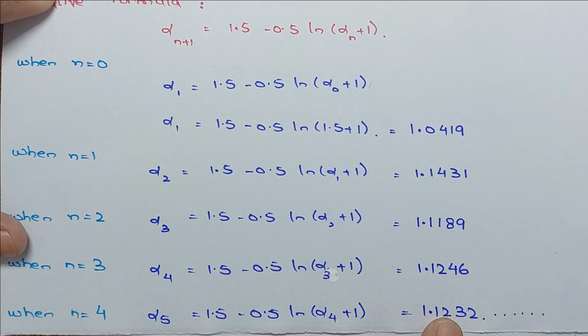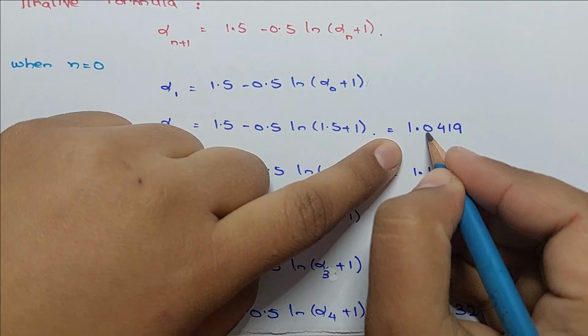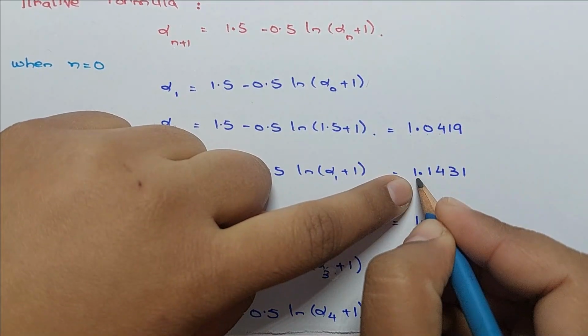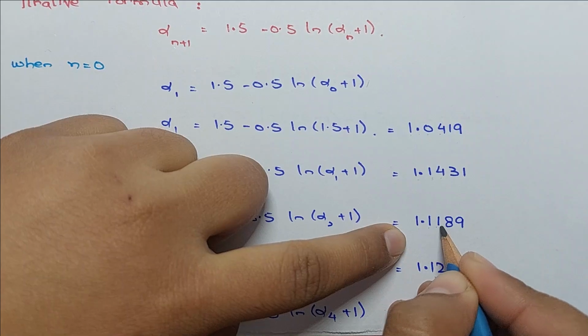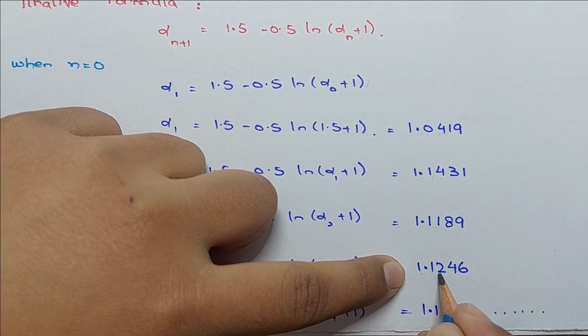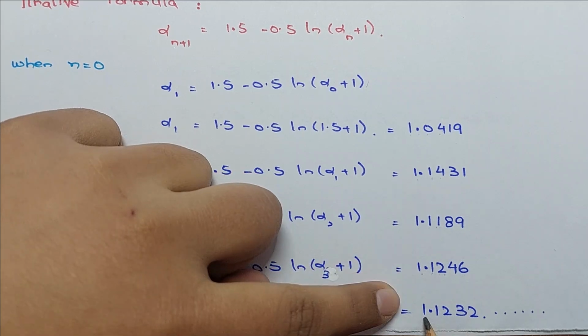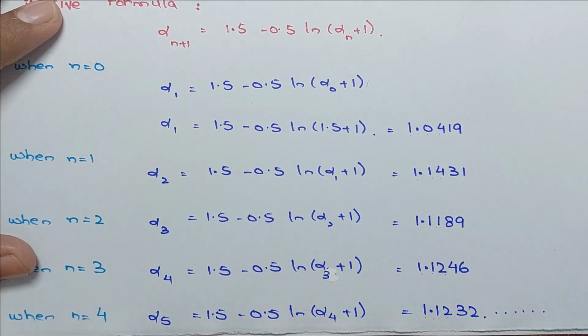So this is 1.12, right? How did I come to know up to 3 significant figures? 1.04 is not rounded up, 1.14 is not rounded up, and the others settle at 1.12, so 1.12 is the value for alpha.